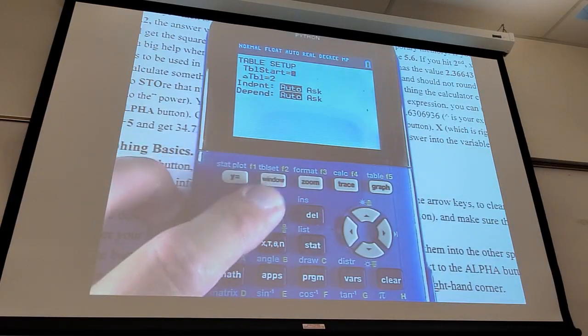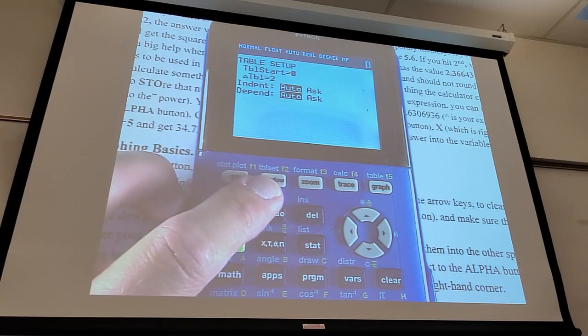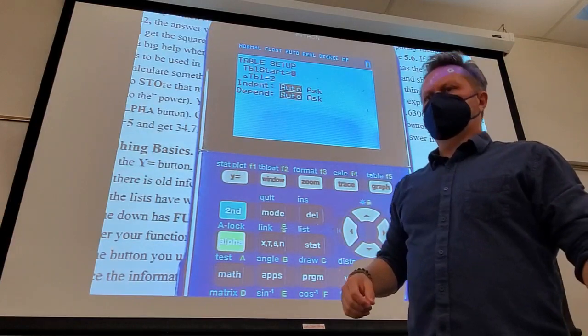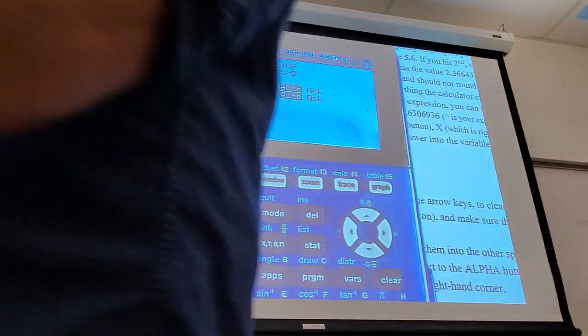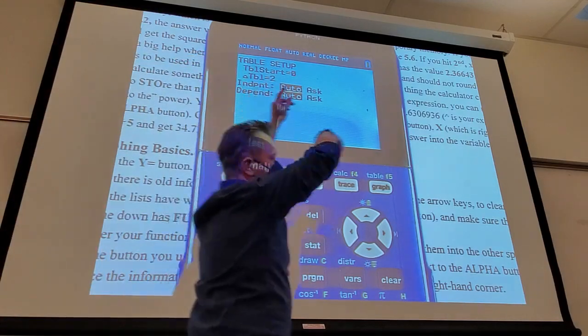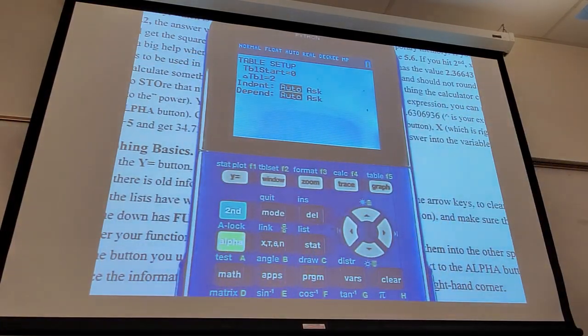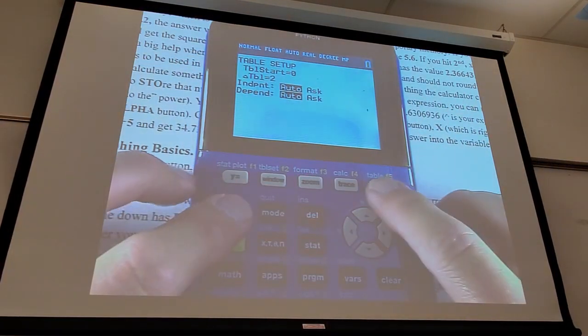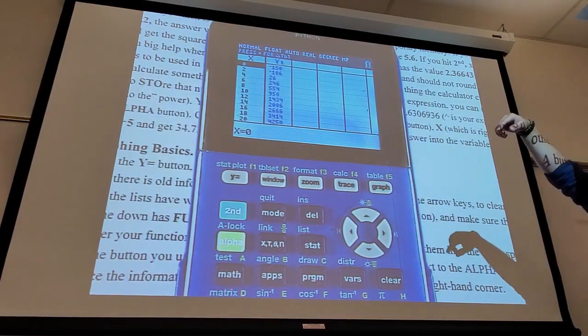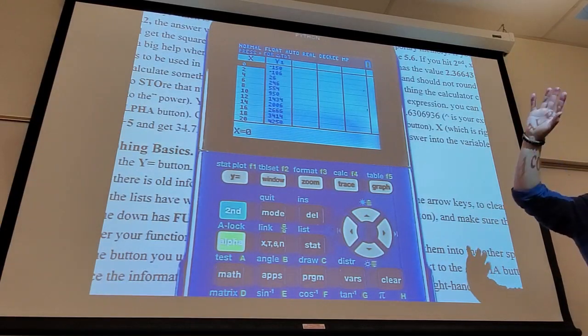You hit the second button, and then the window button. Now make this delta table. See the little triangle? That's a delta. Make it 2 instead of 1. So now if you go back to table, second graph, see how it goes by 2s?